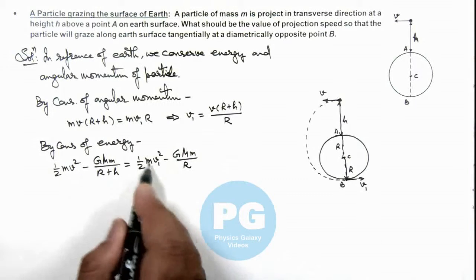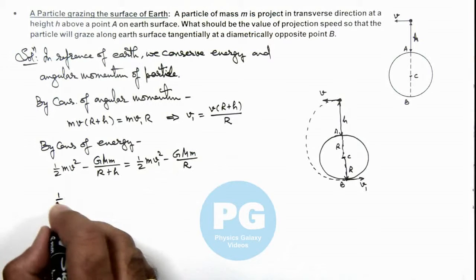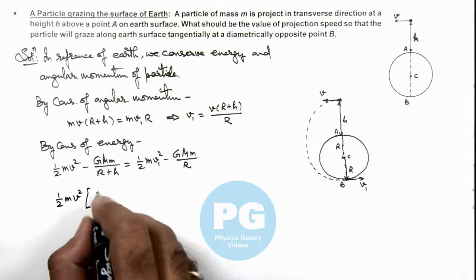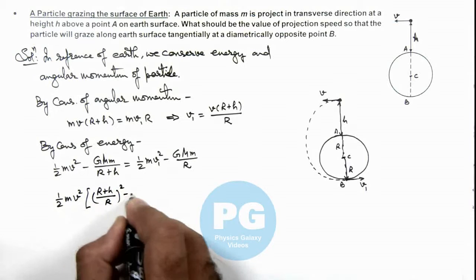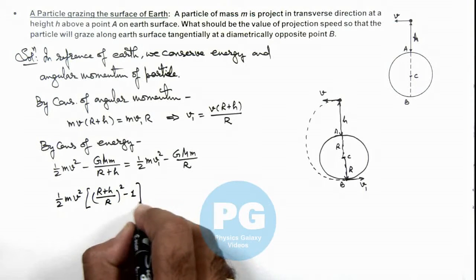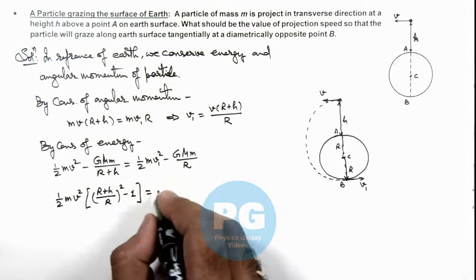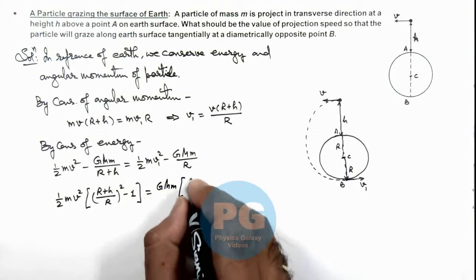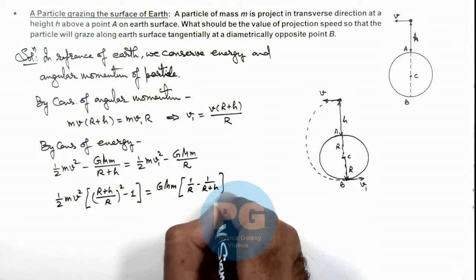This term can be taken on the left hand side, and this gives half mv square multiplied by ((r plus h) by r) whole square minus 1, and the remaining terms we take on the other side, eliminating the negative sign, we get GMm multiplied by (1 by r minus 1 by (r plus h)).